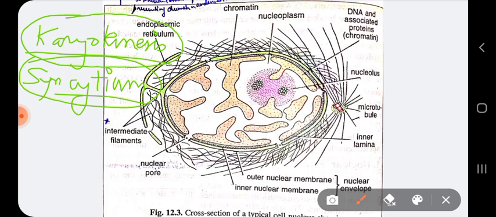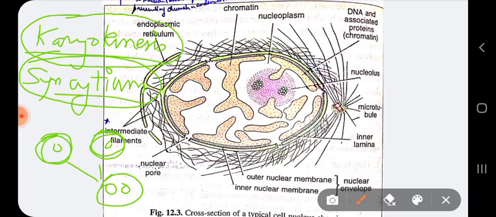We can also see multiple nuclei when we fuse two protoplasts, that is, two cells with the cell wall removed. They fuse together to form a heterokaryon having multiple nuclei. That can also be done. Okay.